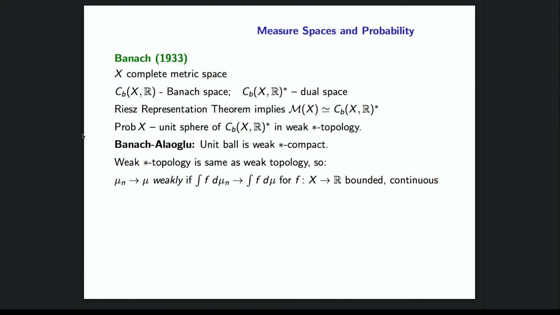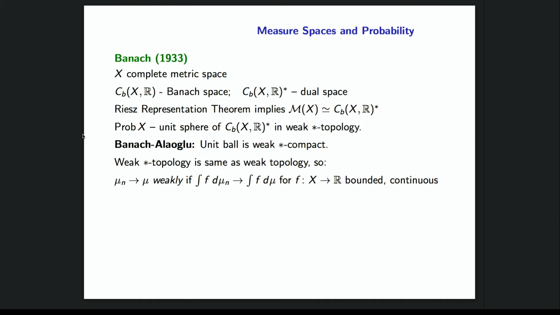And the Riesz representation theorem tells you that there's an isomorphism between the measures on X and this family of linear functionals. And the probability measures are the unit sphere in what's called the weak star topology, the topology you get on this from the structure, the Banach space you started with.